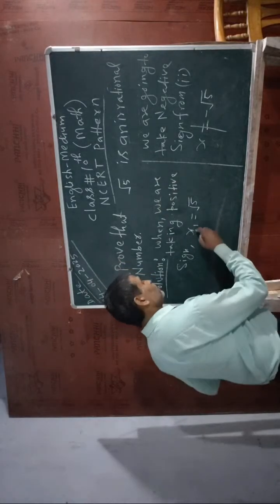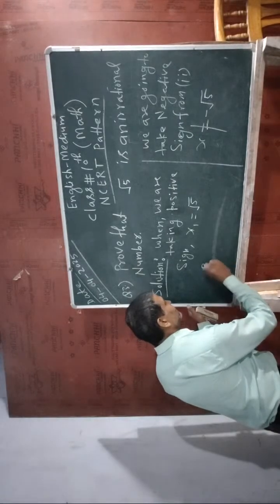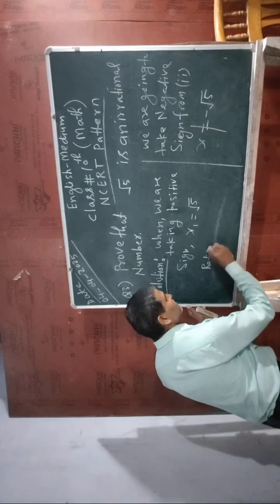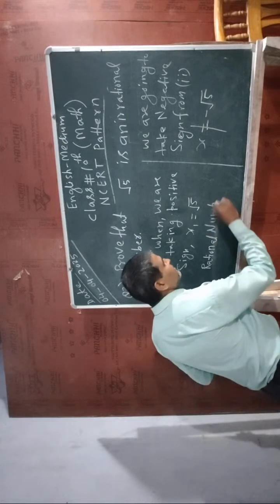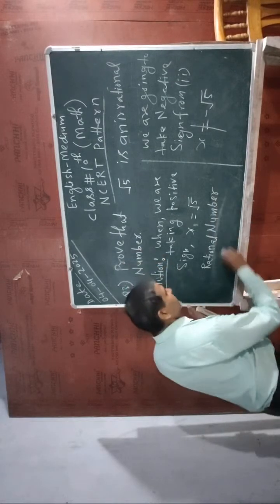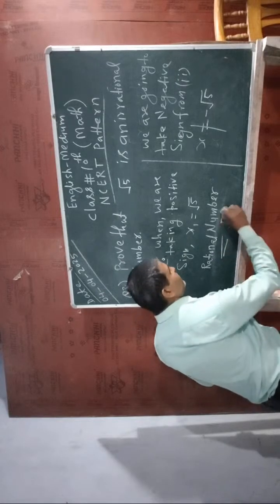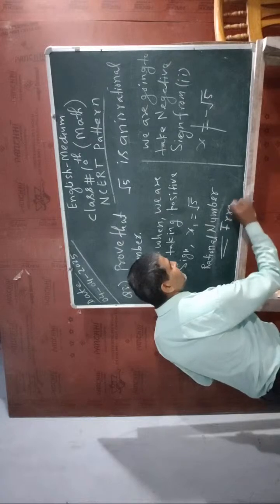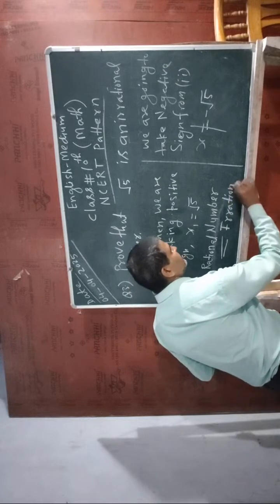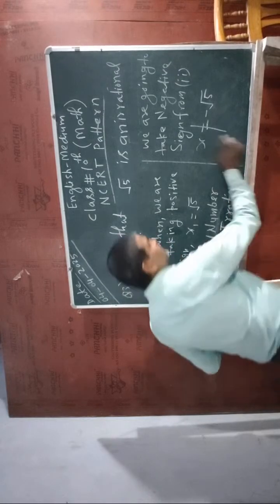So here I am going to write in the left hand side rational number, and the right hand side given root 5. Right hand side is irrational number.